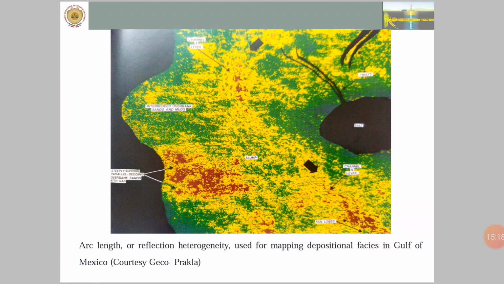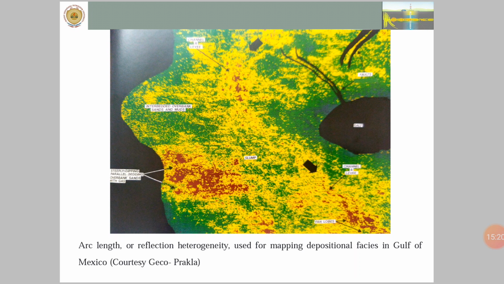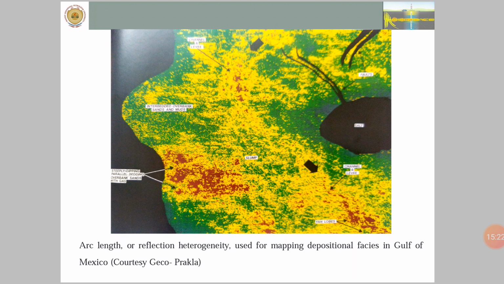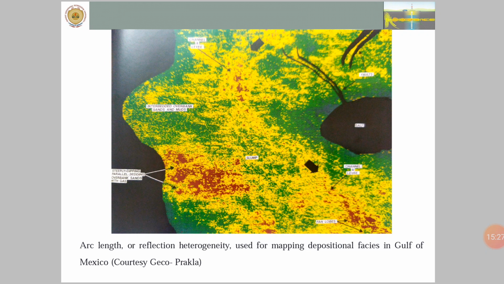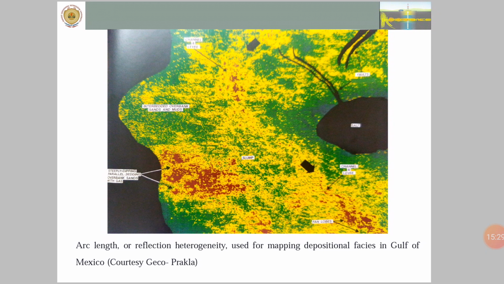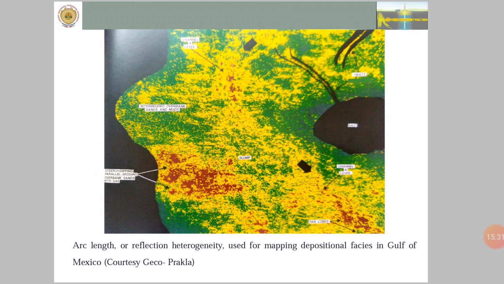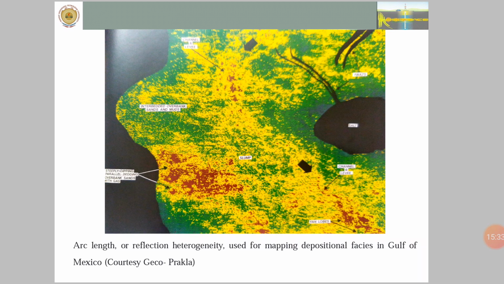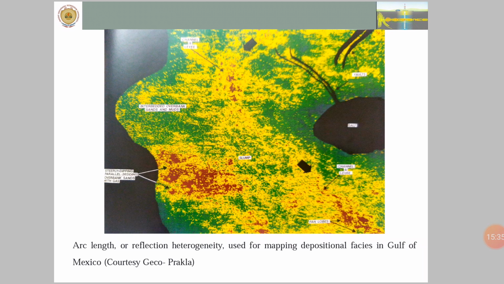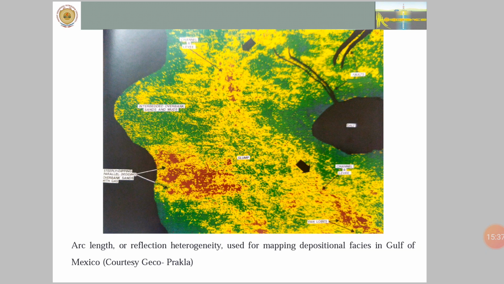On the right, we have the channel levee complex, which is in red, and I was talking about the fan lobes. The fan lobes need to be found out, and also the internal structuring has to be understood, whether it is a fining upward sequence or whether it is a coarsening upward sequence.